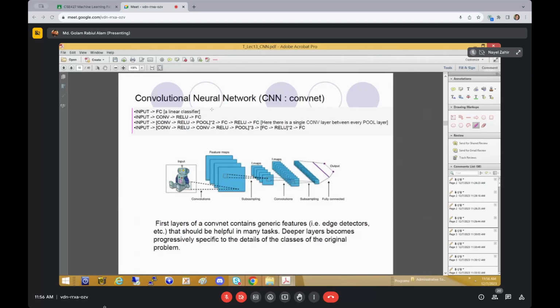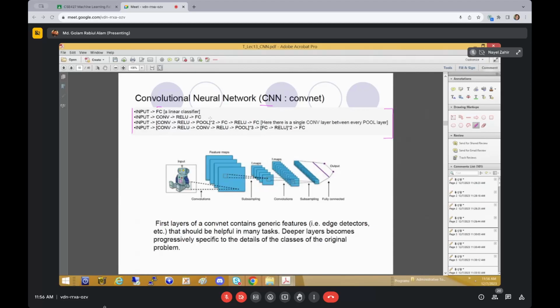For a garbage classifier, someone can mention it as garbage CNN. So you can design a customized CNN model for your application and name it accordingly. A simple model is the input and FC, that is a linear classifier, a fully connected layer.